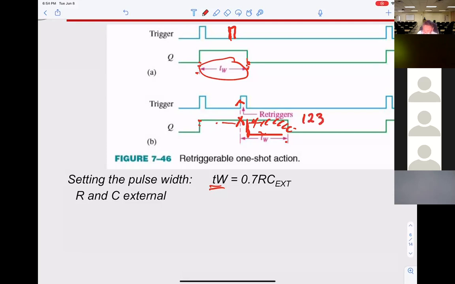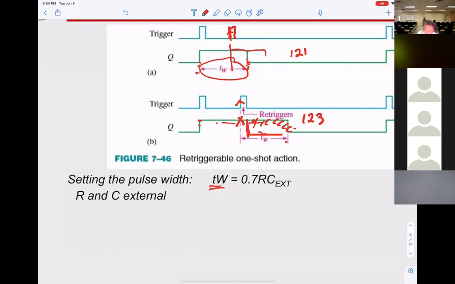And this is the IC 121. So if you're using a 123, then when you get another pulse, it starts from here and keeps going.